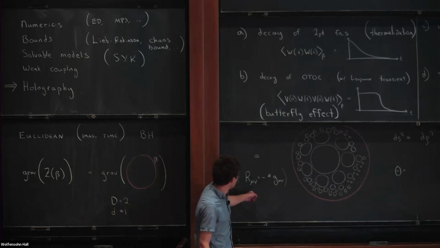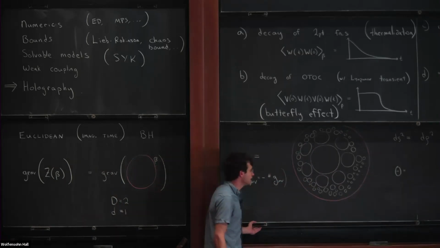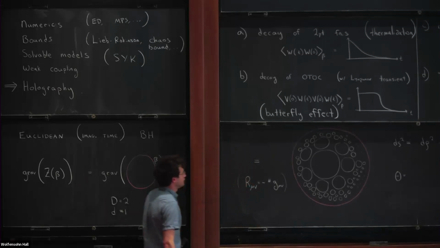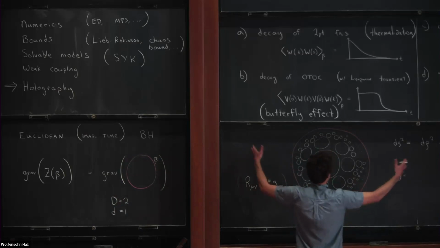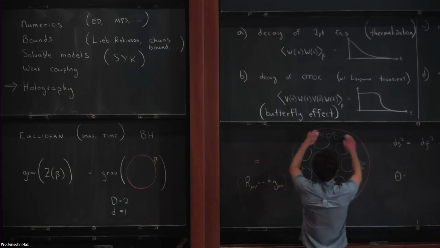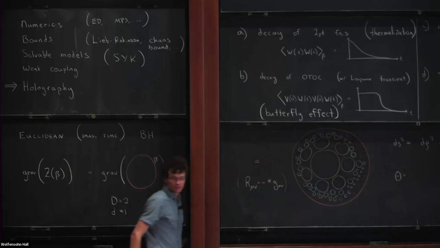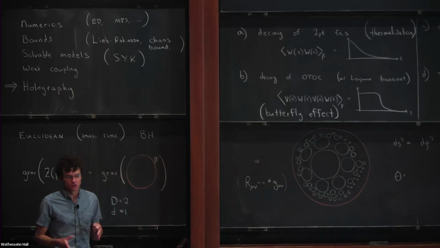This is a Ricci curvature tensor, should be minus the metric tensor. And you solve those equations subject to the condition that way, way out far away, it becomes a really huge circle.